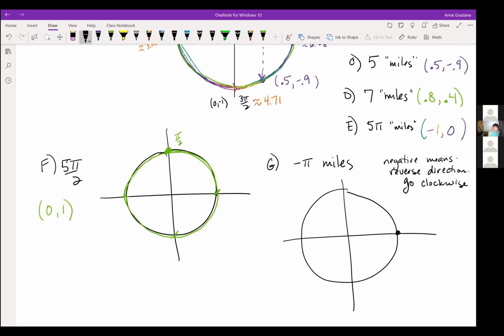Okay, so I still start at the same place, but now instead of going up, I'm going to go down. I'm going to go this way. So this is the point -1, 0. It's not too exciting, but anyhow, you'll get a few of those thrown in there. That's more of a bigger deal as we go higher in math.